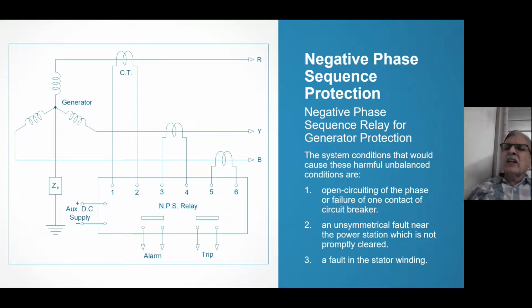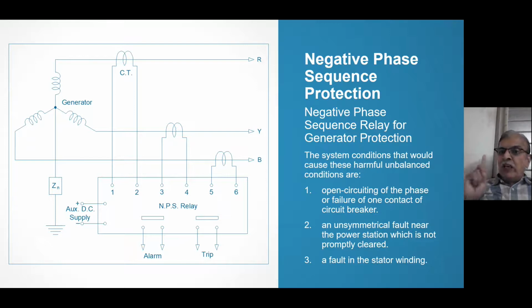If we take early action, then it is quite possible that this imbalance is temporary. So negative phase sequence protection is time delayed, and all other protections are 1 or 2 cycle protection. So a fault in the stator winding is not a question.